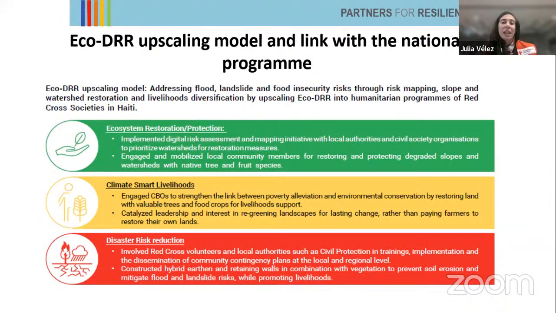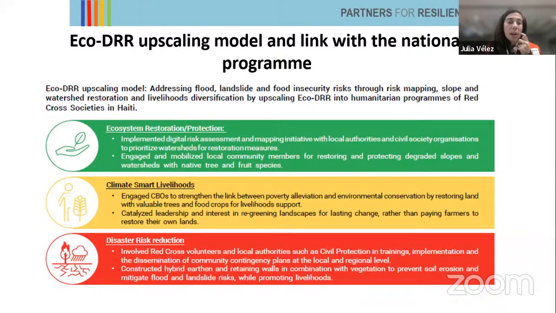Under the Eco-DRR upscaling model, we have worked on ecosystem restoration, which included an implemented assessment and digital map risk analysis that was later acknowledged and integrated through the community approach. We selected 10 localities and mobilized groups already participating in ecosystem restoration, especially for seed risk management, which is key for our exit strategy.